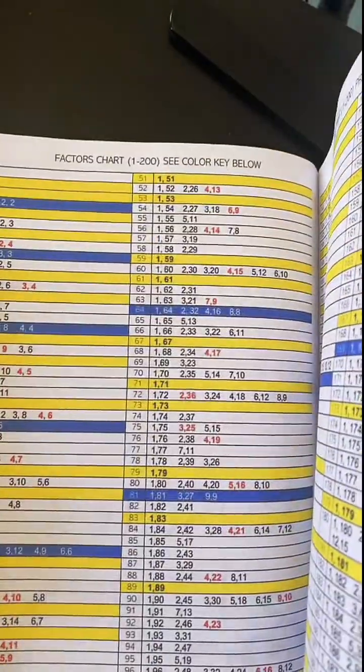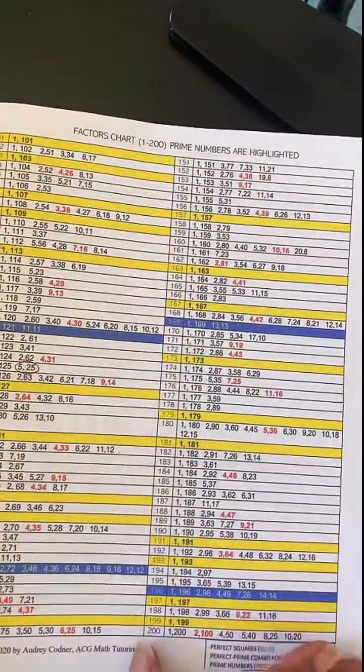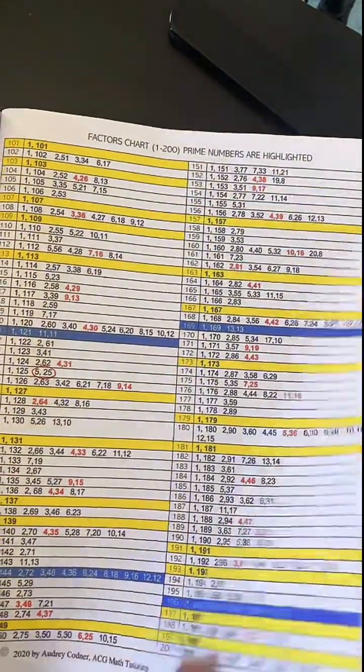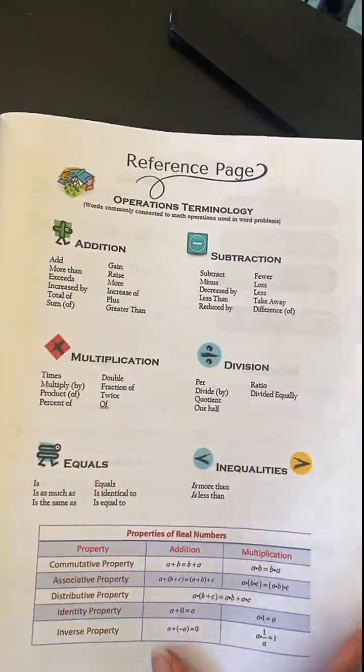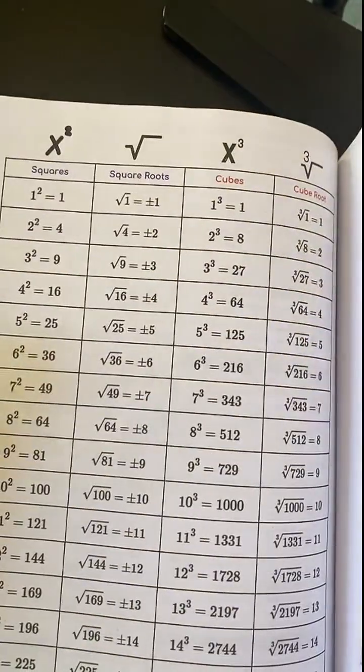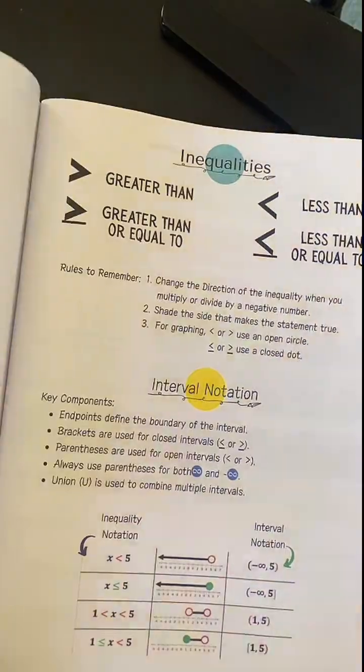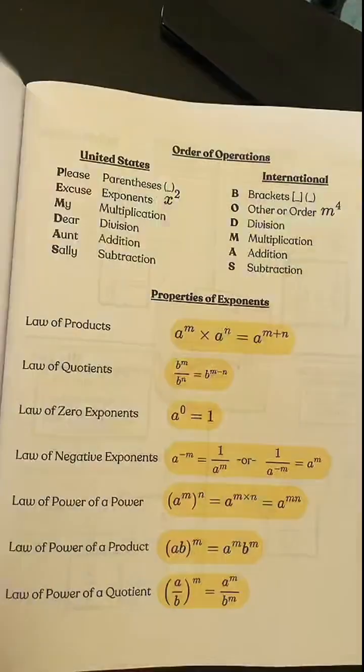Besides just the notes, we also have resources. We have a factor chart from 1 to 200. Then you also have some other rules that people tend to forget, like our inequalities.